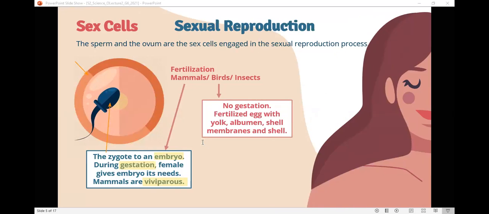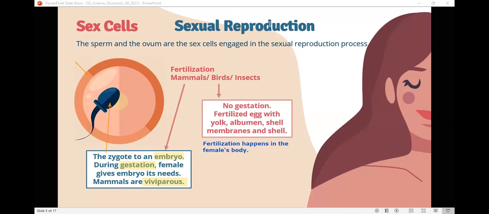Fertilization happens where? In the mother's body. Bravo. Fertilization in birds happens inside the female's body. Birds do not grow through gestation.